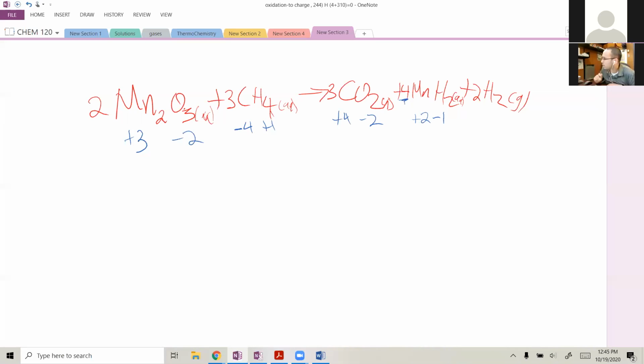Looking at H2 here, what did you guys get for the oxidation number of hydrogen inside of H2? Did everyone get a +1 for hydrogen all by itself?